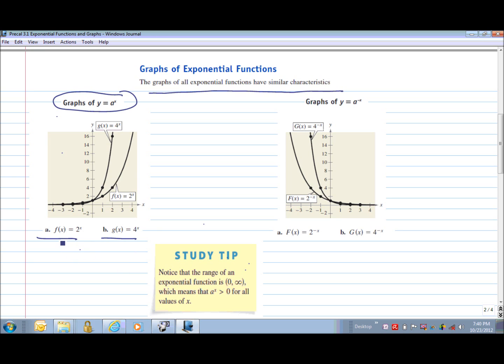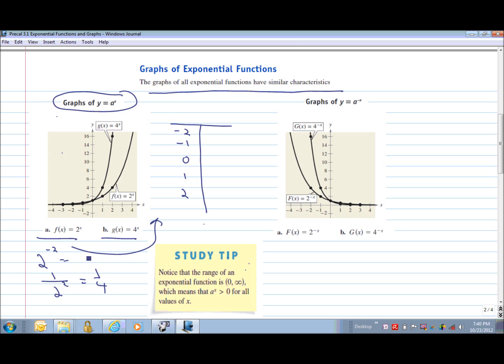I'm going to go ahead and create a t-table over here for the first one. If we were to create a t-table of values, you would simply plug in values for your exponential function. Let's use -2, -1, 0, 1, and 2 as my x values. If I plug in a -2, I would get 2 to the -2 power, which you would rewrite, hopefully you remember, as 1 over 2 to the +2 power, which is 1/4.